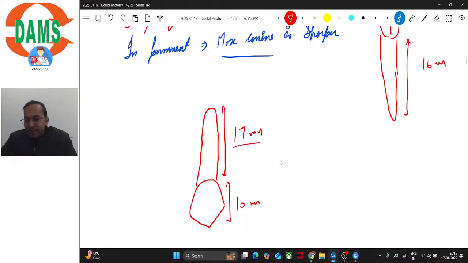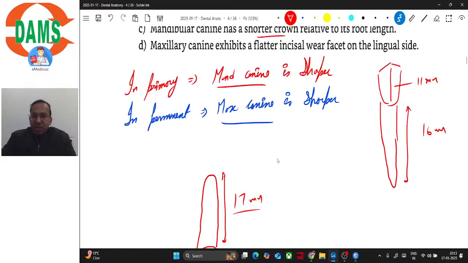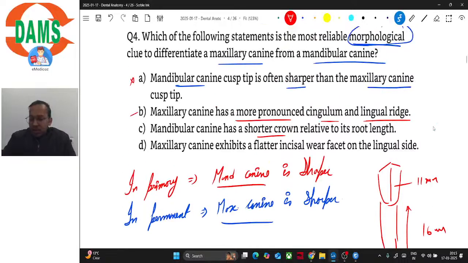So as you can see, the relative length of the crown is shorter in the maxillary canine, right? 10 is to 17 millimeters, whereas it is longer in the mandibular canine, 11 is to 16 millimeters. So option C is also incorrect, right?